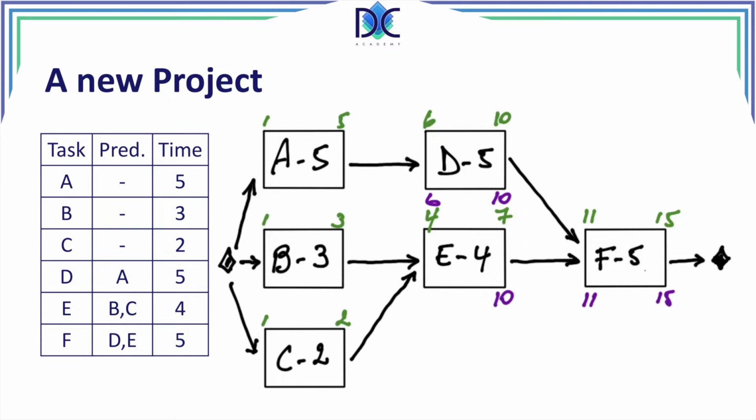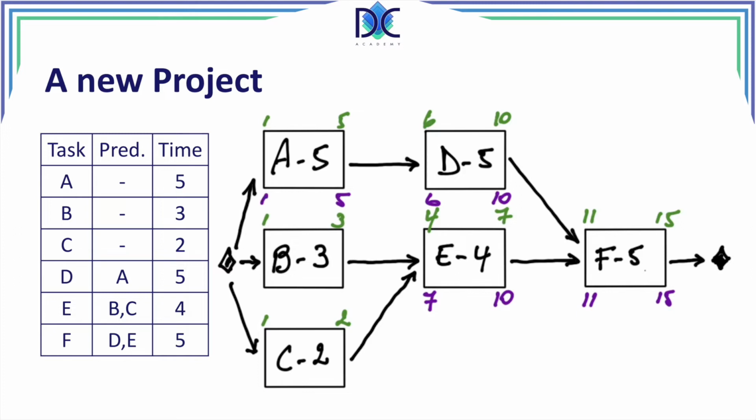And we can do the same for E, 10 minus 4 plus 1, which is equal to 7. Now we can calculate the late finish of activity A, which is equal to the late start of D minus 1, which is 5, and we calculate the late start of activity A, 5 minus 5 plus 1 is 1.